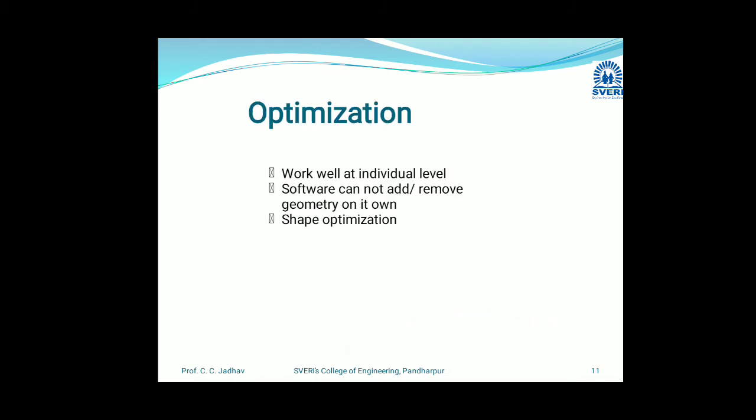Next, optimization. In optimization, geometry parameters work well at the individual component level rather than a complicated assembly. Working well at the individual level means we are doing the analysis on a separate part, not the whole assembly.